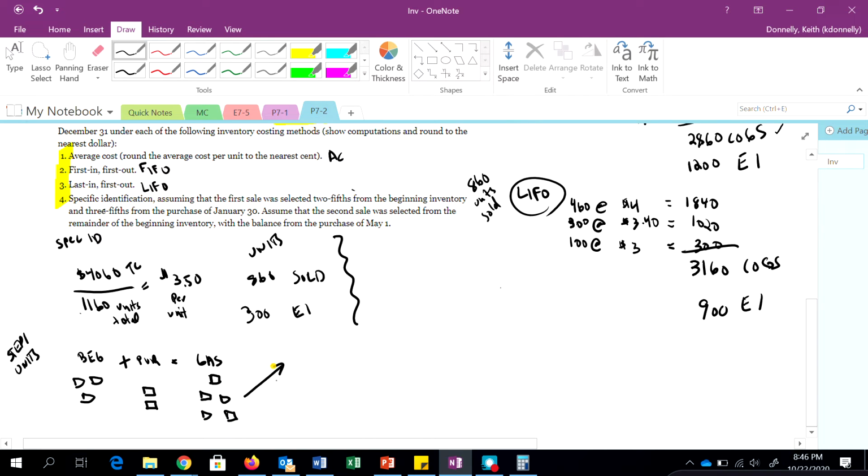What we do is we then say, at the end of the period, we have 2 when we do our physical inventory count. Both manufacturers and merchandisers do a physical inventory count at the end of the period.